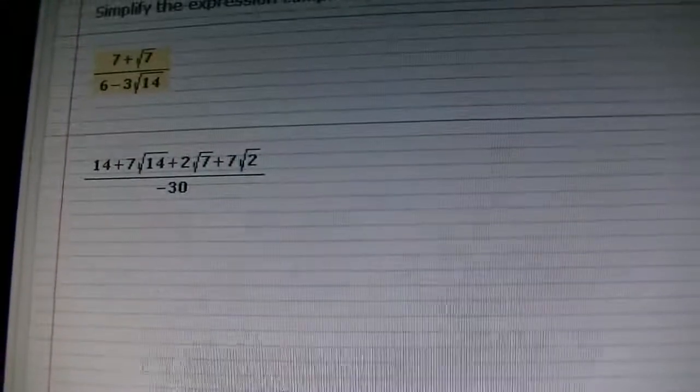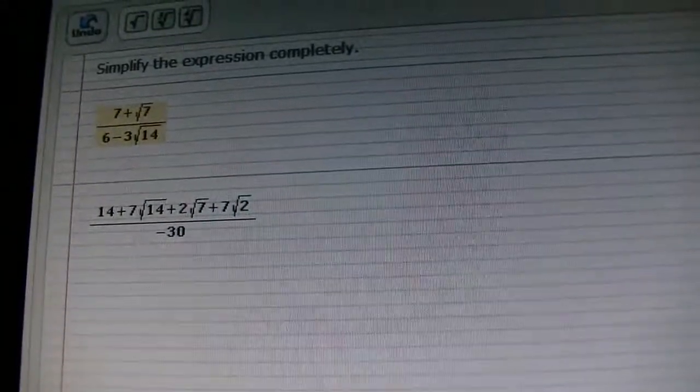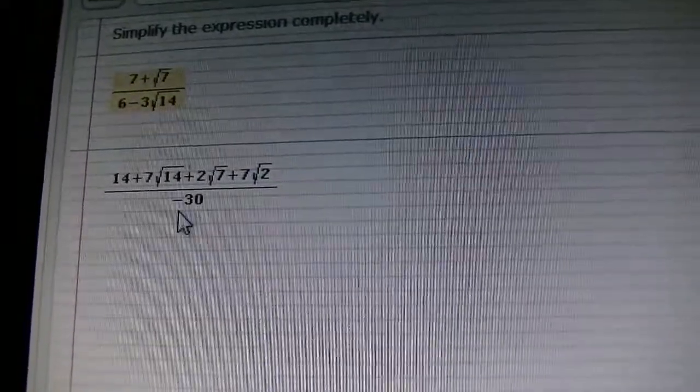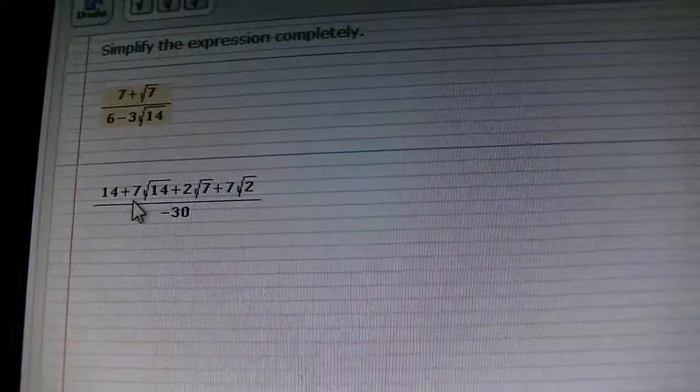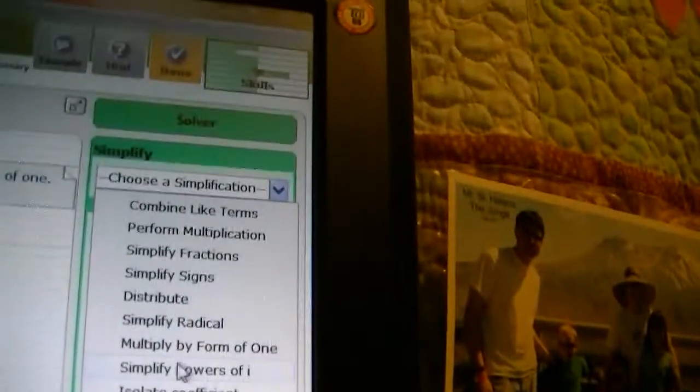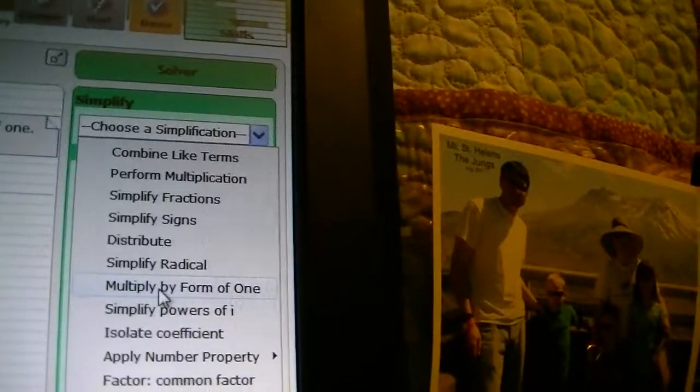So we have all that in. And now there's one thing left to do. The most complete form would be to have that negative up on top here. So in order to do that, we're going to choose, let's see, multiply by a form of 1.